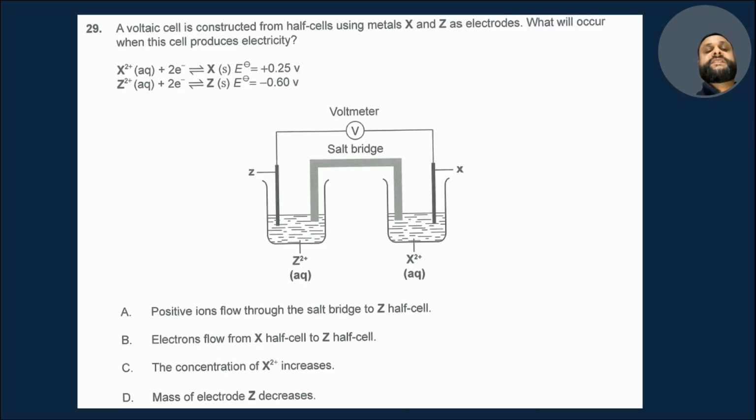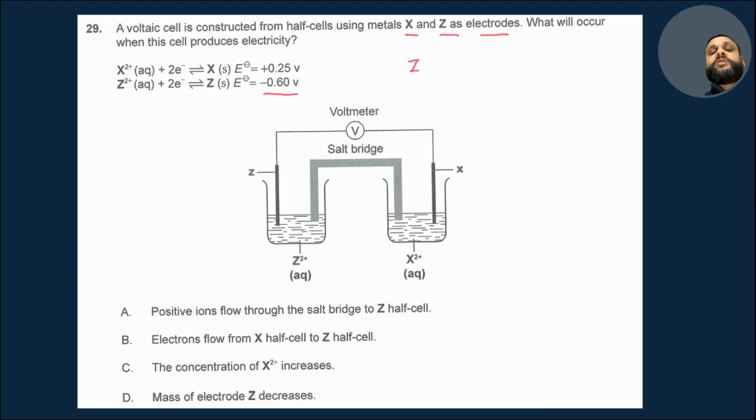Question 29. A voltaic cell is constructed from half cells using metals X and Z as electrodes. What will occur when this cell produces electricity? So let's work out which half cell needs to get oxidized. The most negative value is for the second half cell, and that half cell needs to get oxidized because it's a better reducing agent.